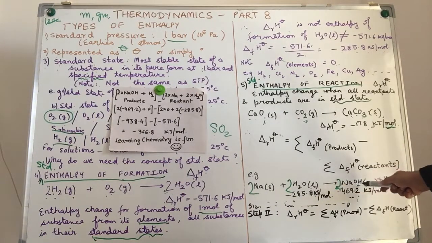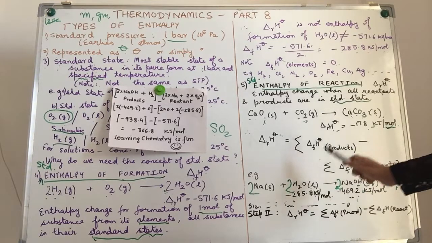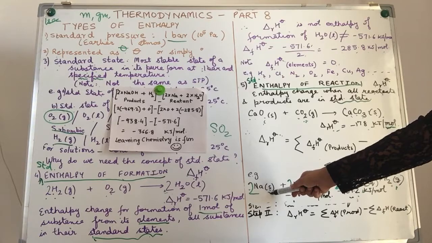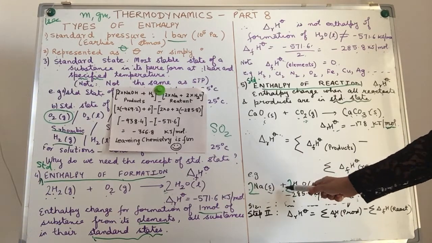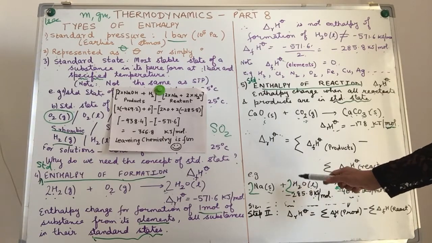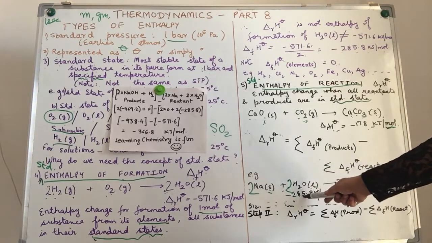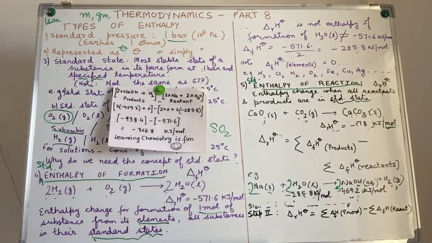So, 2 times the enthalpy of formation of sodium hydroxide plus that of hydrogen, which is 0, minus 2 times the enthalpy of formation of sodium, which is again 0, plus 2 times the enthalpy of formation of water. Again, whenever I am using the term enthalpy, it means standard enthalpy. So, the enthalpy of formation of water is negative 285.8.